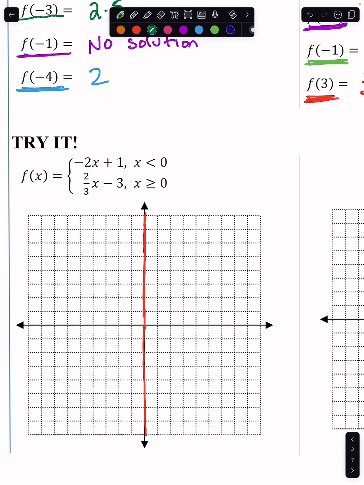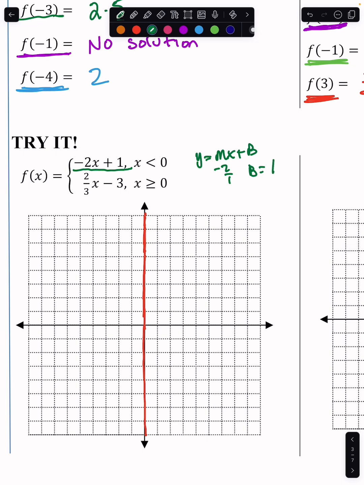So f of x is -2x plus 1. Let's go ahead and do this. Remember that my m is going to be -2/1, and my b is going to be +1. So +1. I'm going to go down 2, right 1.